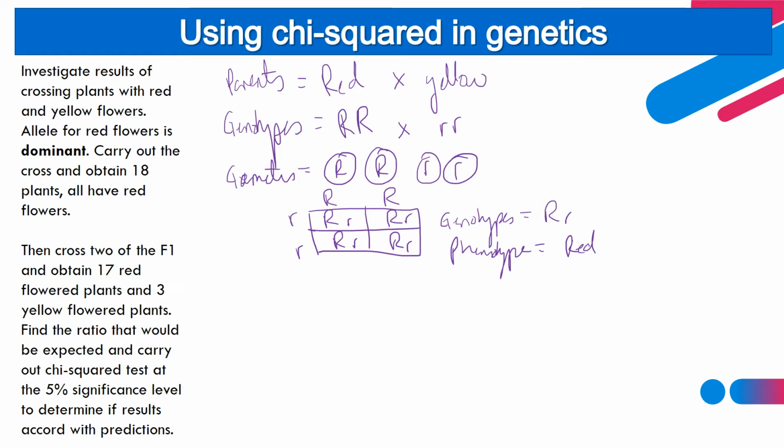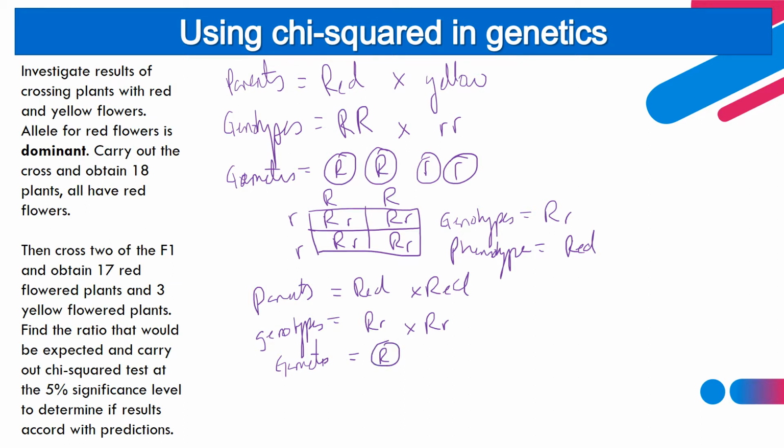So we need to cross two of these. So our parents are going to be red and red. The genotypes are going to be heterozygous. Their gametes are going to be dominant, then recessive.